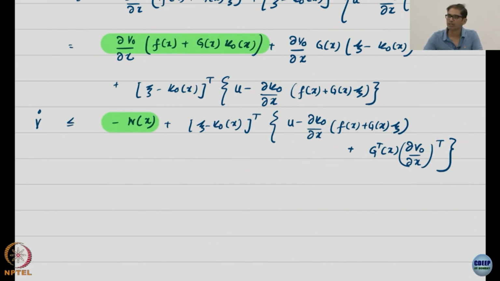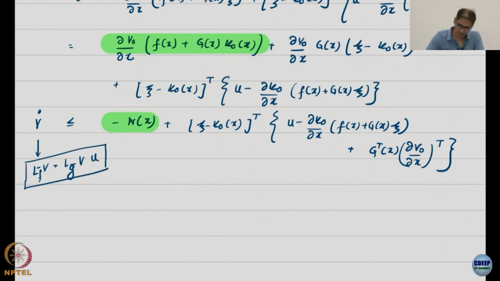Can anybody tell me what I need to now show in the right hand side? V dot is obviously LF bar V. Why I put the bars is because of the drift.